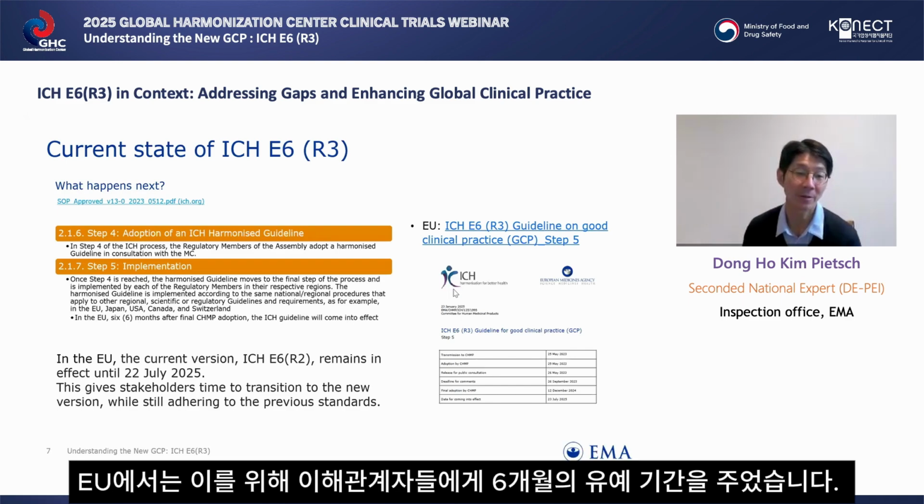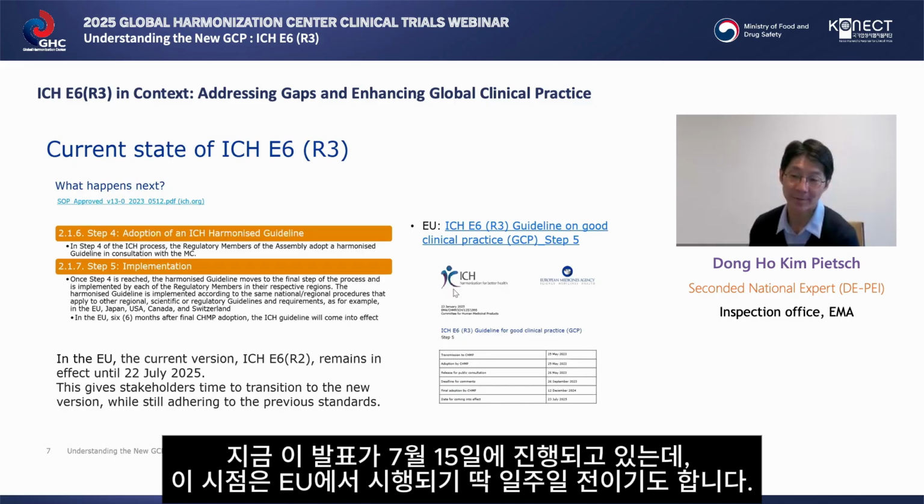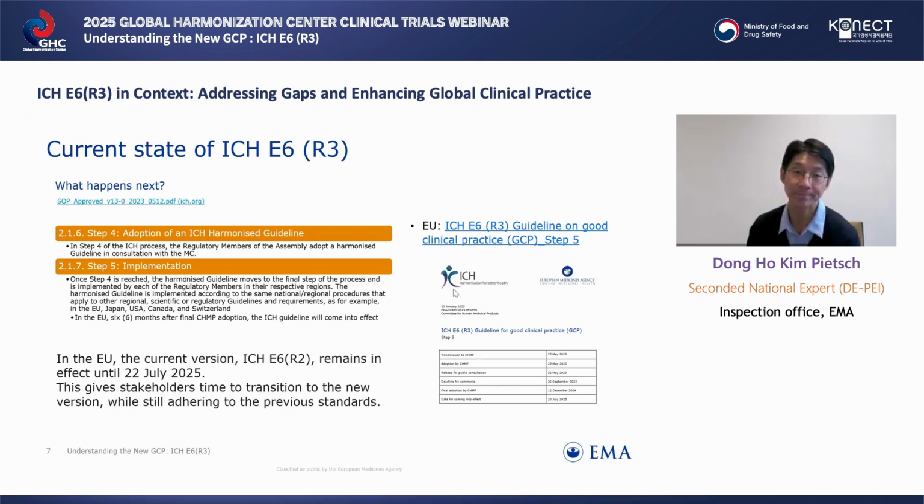Here I would like to point out that in the EU, we gave stakeholders a 6 months transition time. As this presentation will be streamed on the 15th July, that will be just 1 week before R3 comes into effect in the European Union.